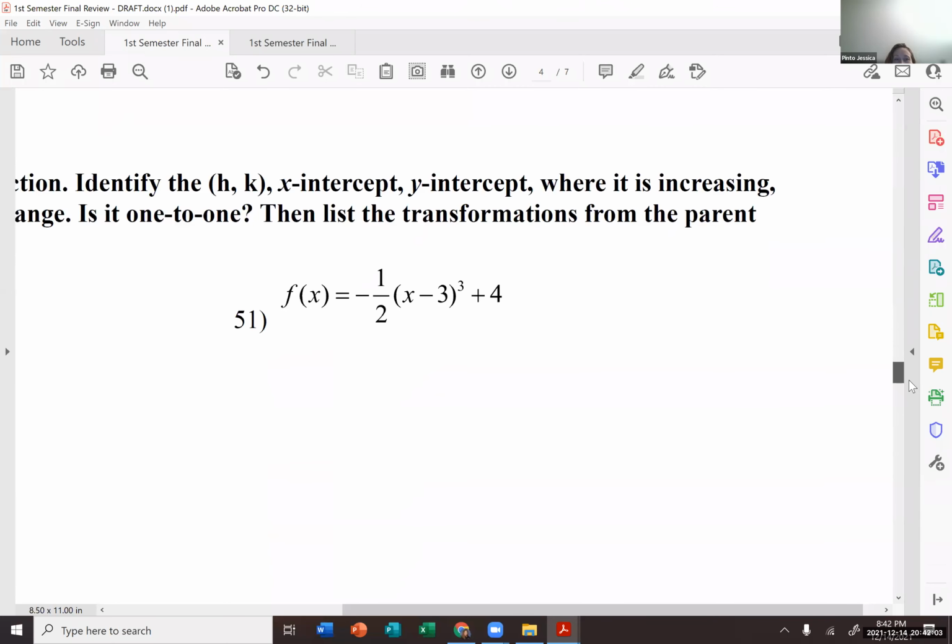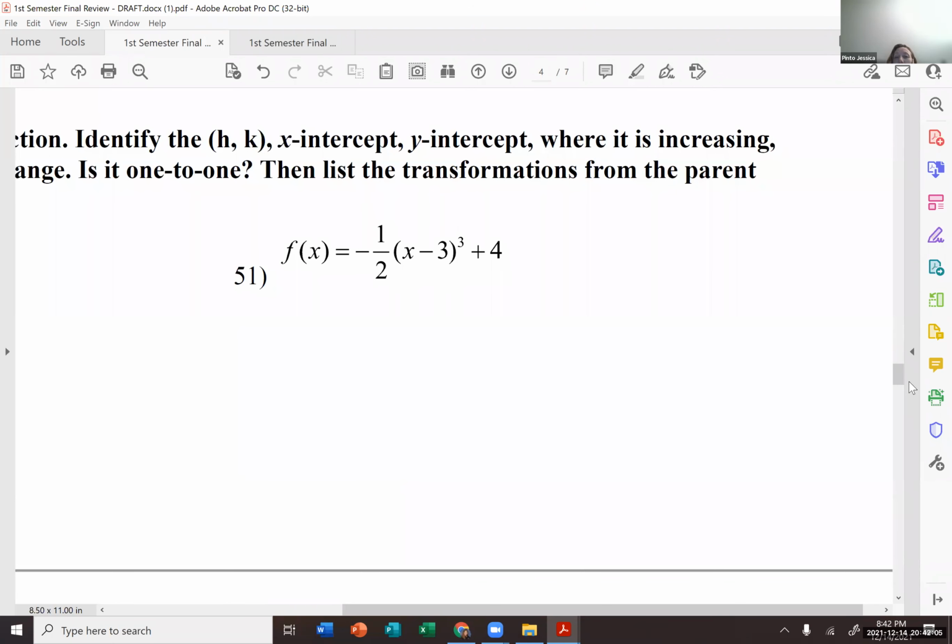All right, 51. So this one is a cubic function. You can tell by the third power. And I want to remember my cubic function has the parent t table: -2, -1, 0, 1, and 2, with y values -8, -1, 0, 1, and 8.